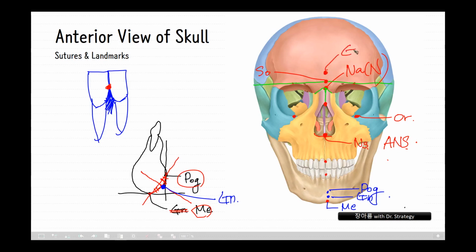And the zygion. Zygion is the craniometric point at either end of the bizygomatic diameter. In other words, the most lateral point of the soft tissue contour of each zygomatic arch. So it can be dotted as here.